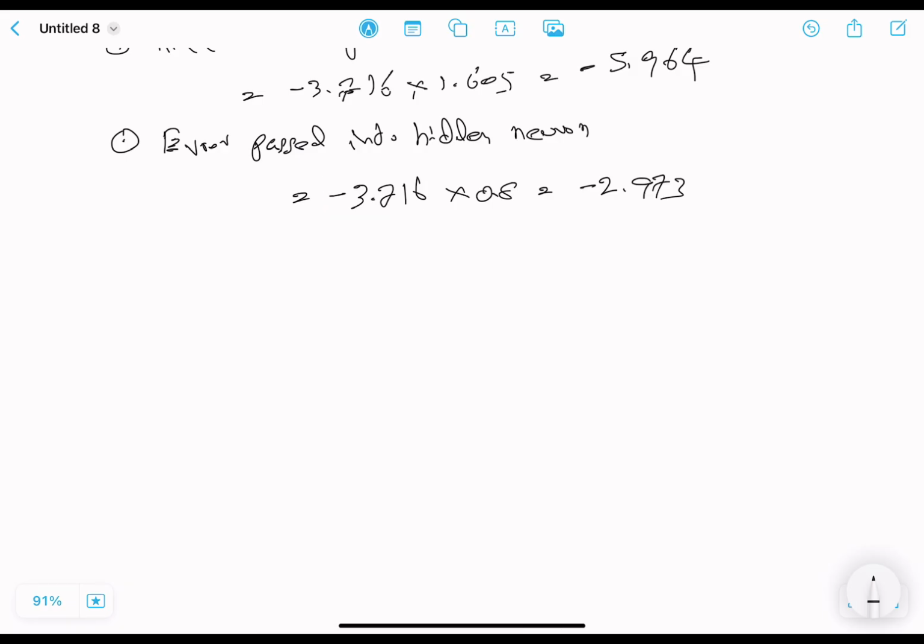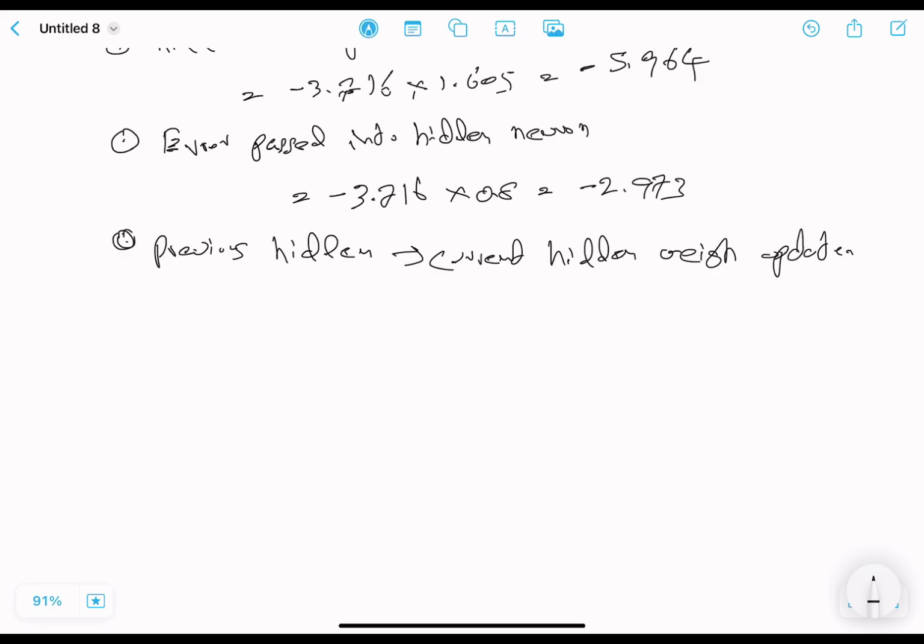Okay, and now let's see the previous hidden to current hidden weight update. So in here, we take the error passed into the hidden neuron, which is minus 2.973.